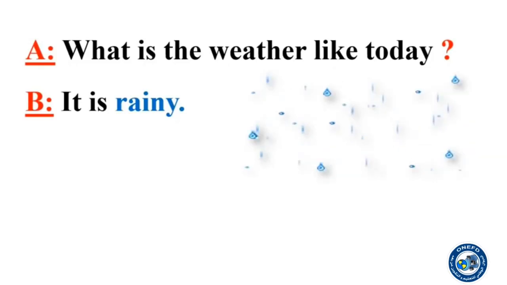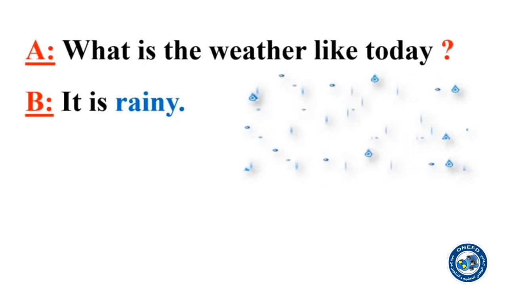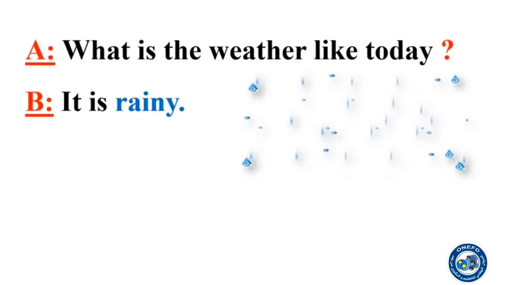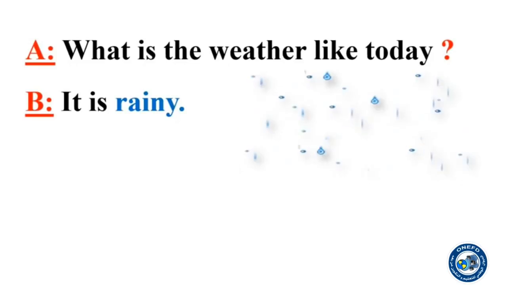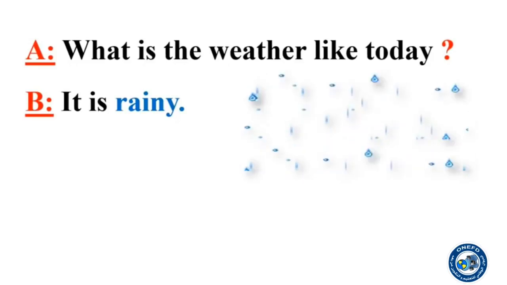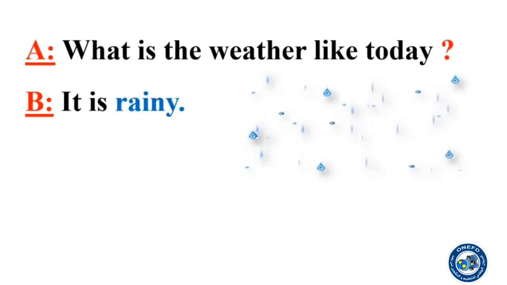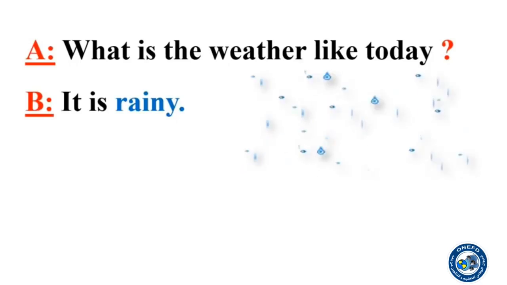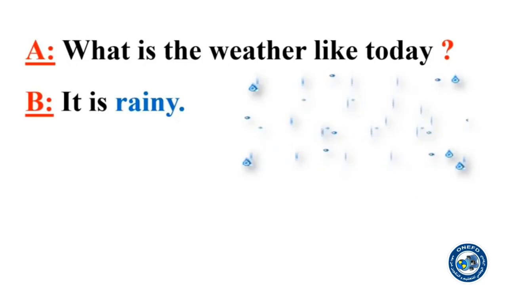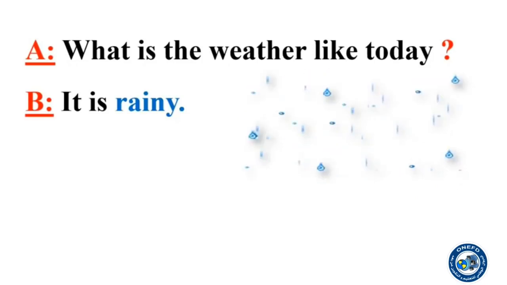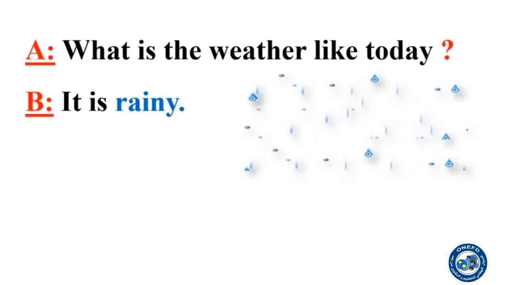A is asking about the weather condition. B is answering. It is rainy. It is raining. It is not sunny. You must take your umbrella.